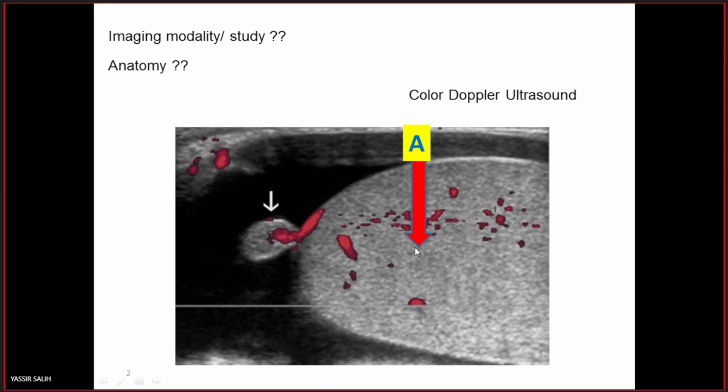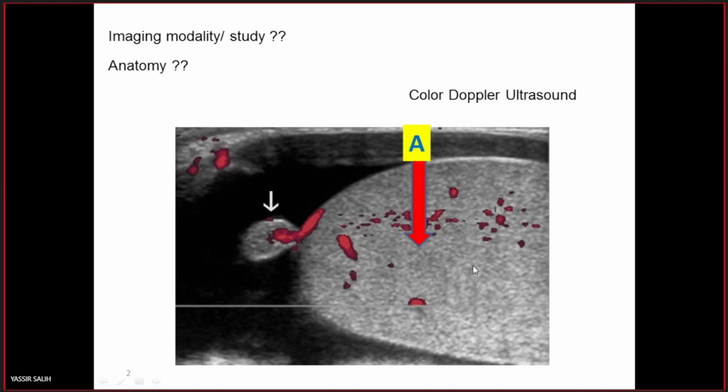So, for example, in this question, if we ask about the imaging modality, you can write ultrasound. The study could be Doppler ultrasound for the scrotum or for the testes. So the imaging modality is ultrasound, but the imaging study has to be Doppler ultrasound for the scrotum or for the testes.